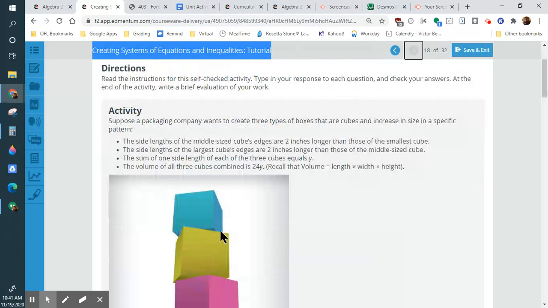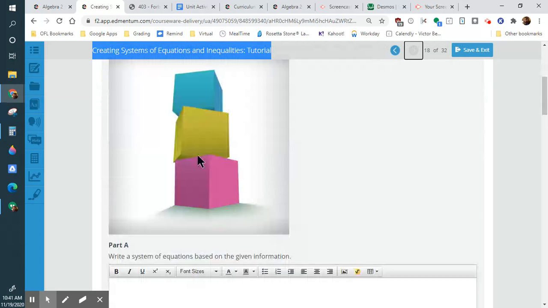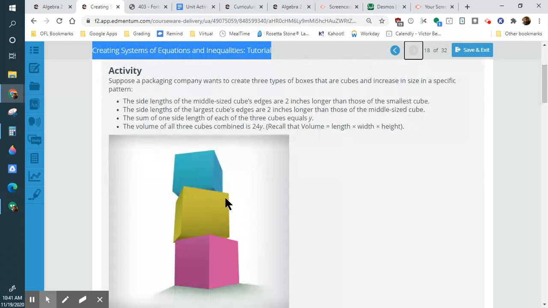Okay, so I need variables for each one. Luckily, we're talking about cubes, so we can make everything its own letter. So I'm going to call this cube A, cube B, and cube C. If I want to find the volumes, it's whatever the side is cubed.